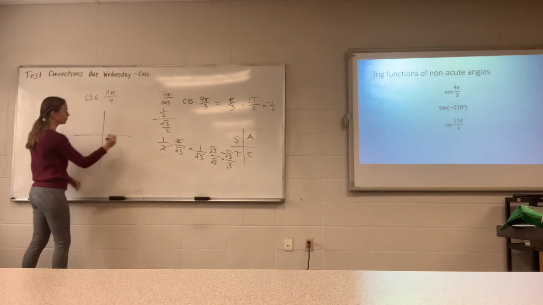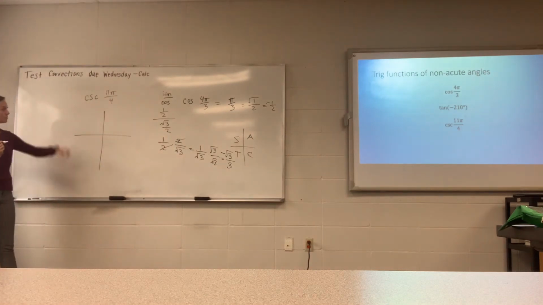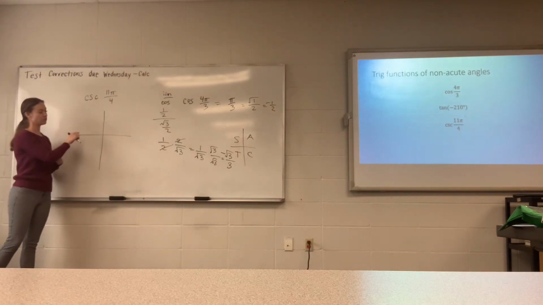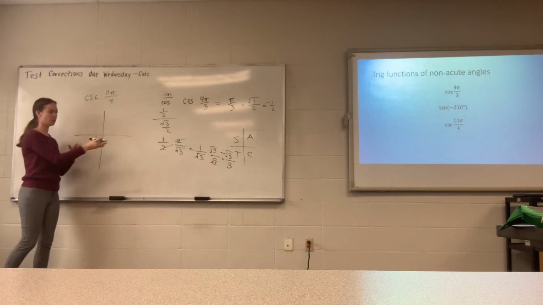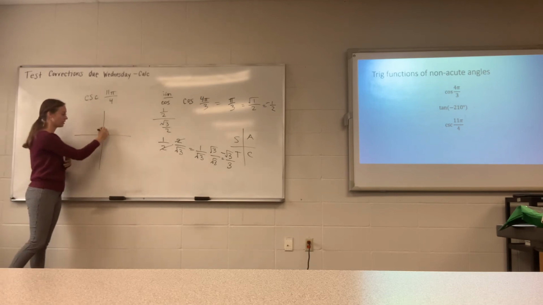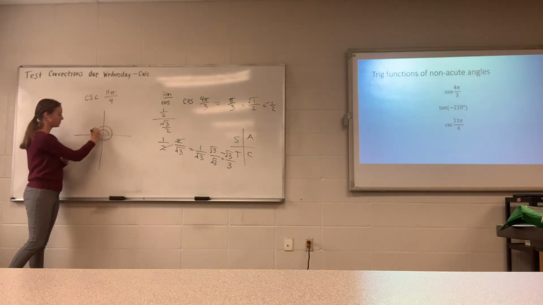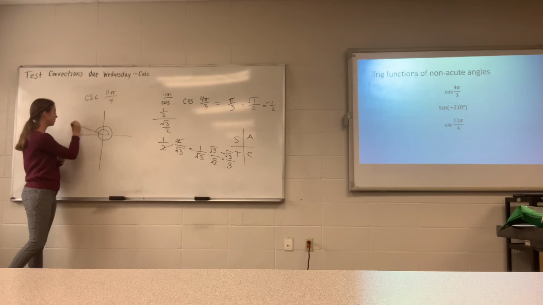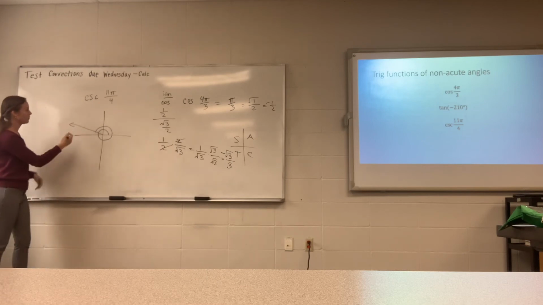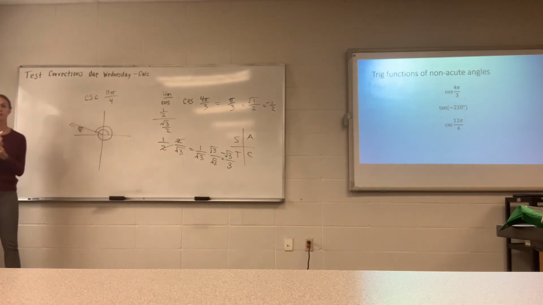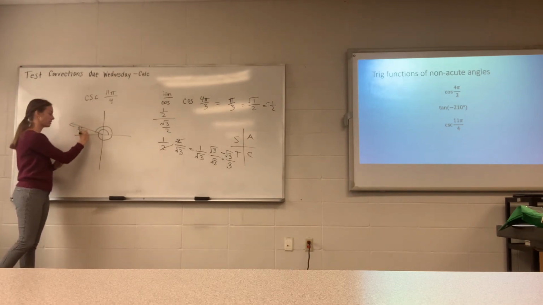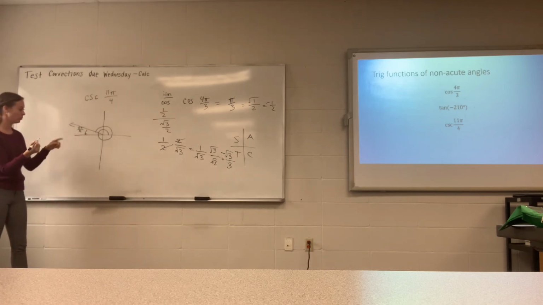So in terms of where it would be on my circle, it's positive, so I'm going to go in this positive direction. And remember, whatever number's in your denominator, that's how many halves your circle goes. So from here to here, I go 4, 8, this would be 12, so I'm close. This is going to be 11 pi over 4, and your reference is 1 pi over 4. So my reference to get me to my x-axis would be 1 pi over 4.